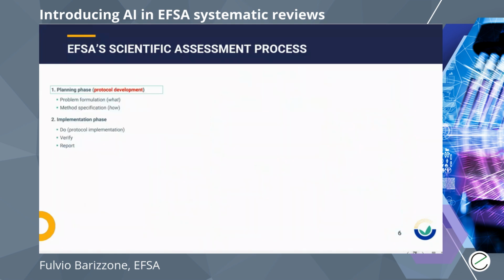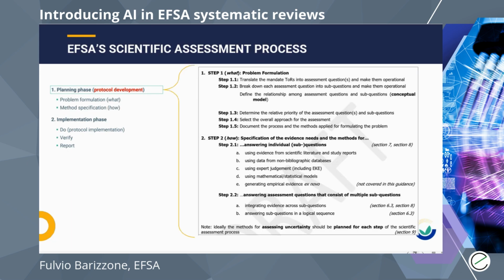If we look at the EFSA scientific assessment process per se, we have a couple of phases. First of all, we try to plan what we're going to assess, and then we implement it. Of course, we can change it along the way, provided there is justification. In the planning phase, what everybody is trying to do nowadays is understand what we have to assess.